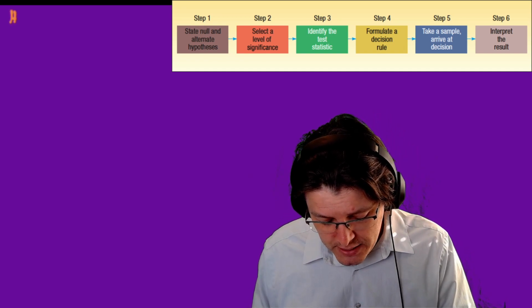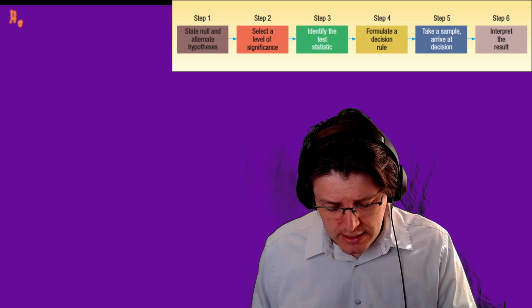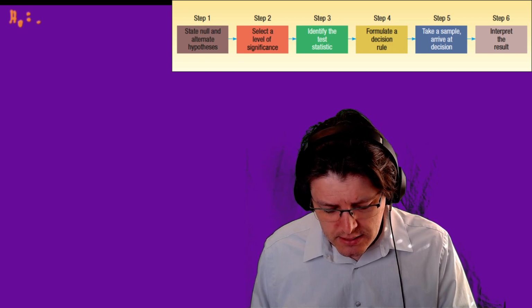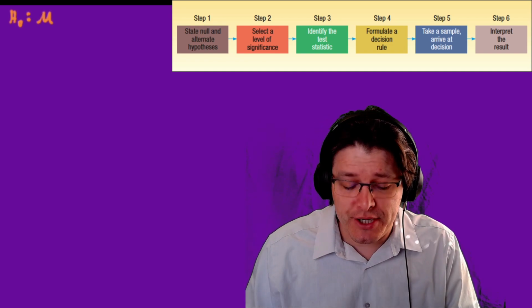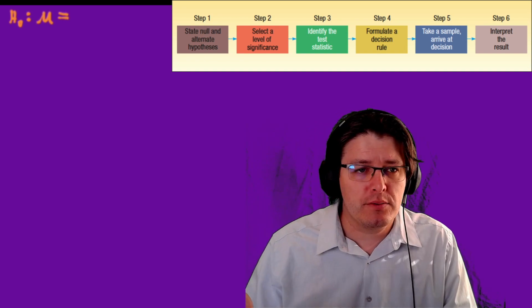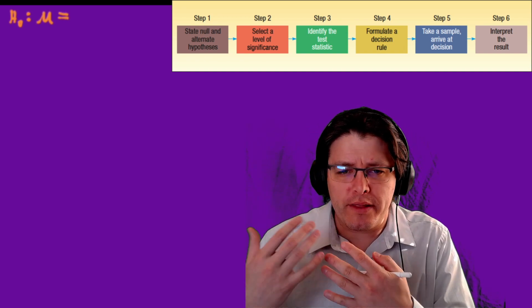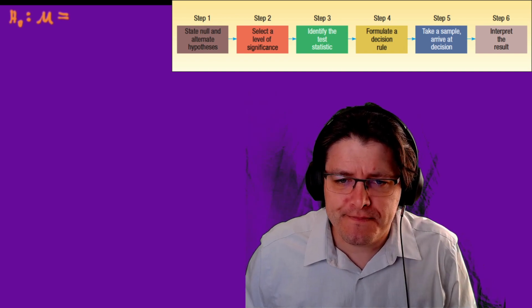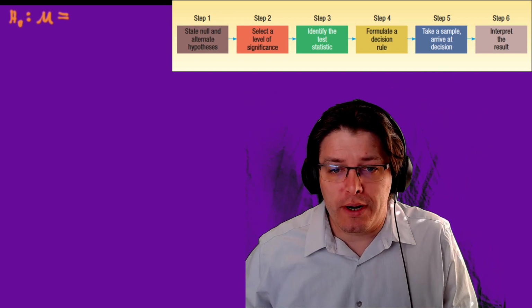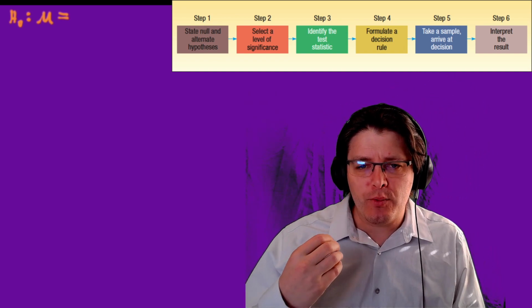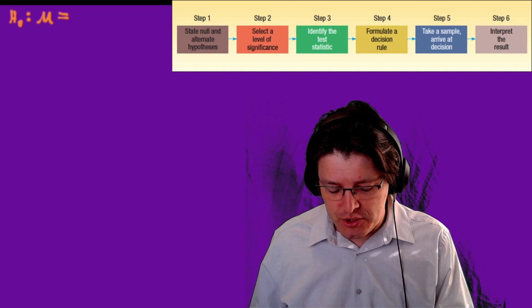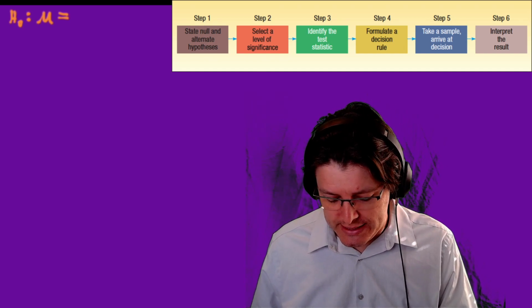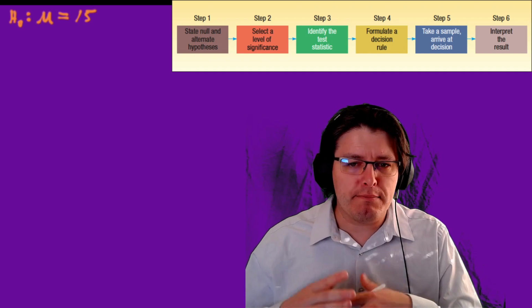We would set up a null as the mean of the population being equal to some value, whether it was a claim, a statement that we made, or a guess that we had, and then we tested whether or not that null was true. I'm just going to plug in a number. Let's say we were arguing the mean was 15.